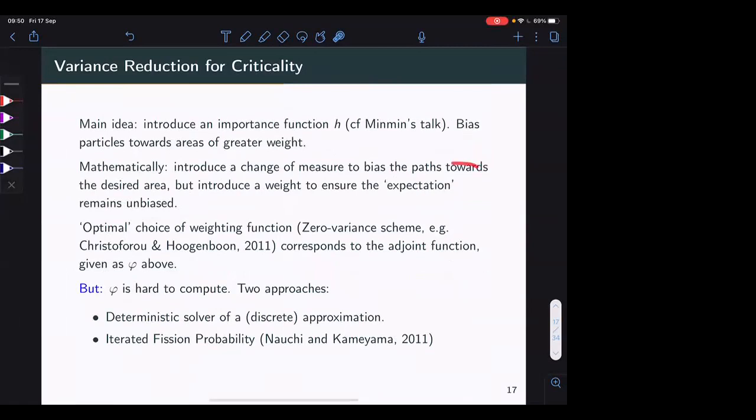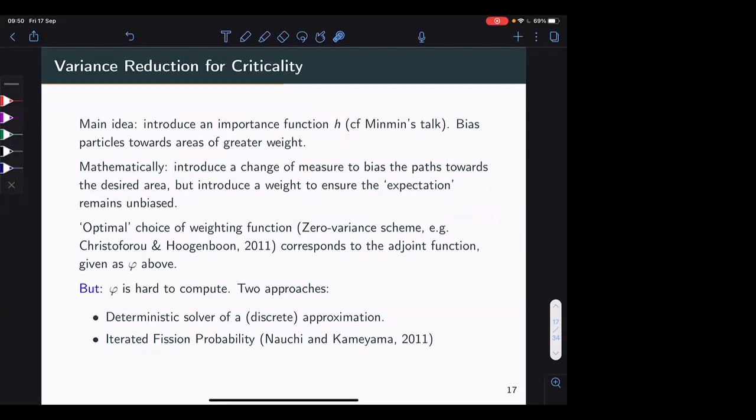Mathematically, what we want to try and do is use an importance function. So Min talks about this, or an H transform, a Doob H transform, to bias paths towards areas of interest, but use a weight to ensure the expectation remains unbiased. There is some work on this in the nuclear Monte Carlo literature.